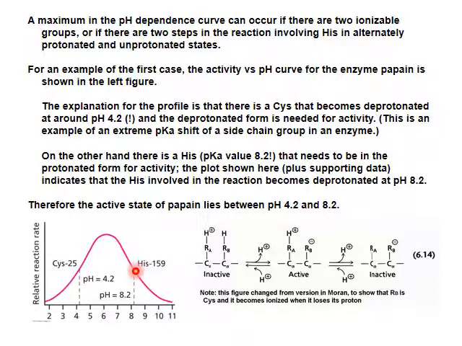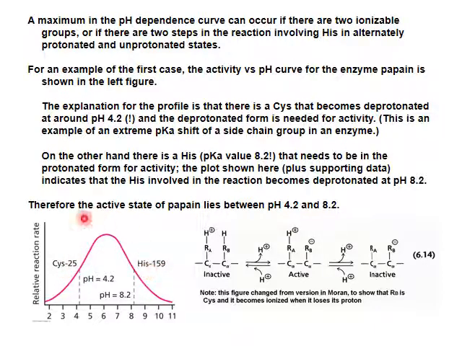So at the apex of activity, this group is deprotonated and this group is protonated. That's what we can tell: there's a group here that has to be deprotonated and a group here that has to be protonated.